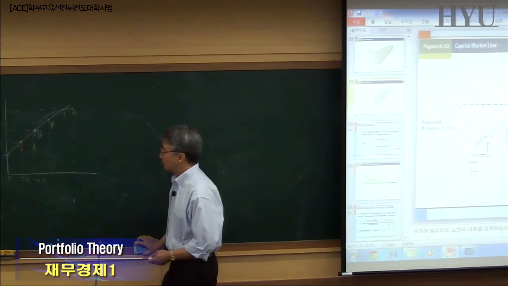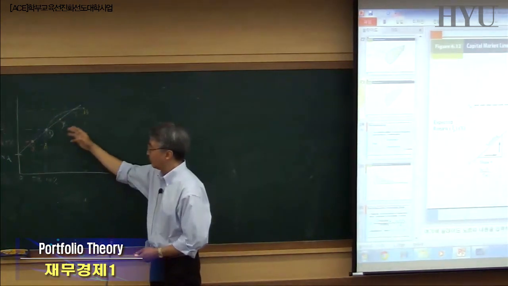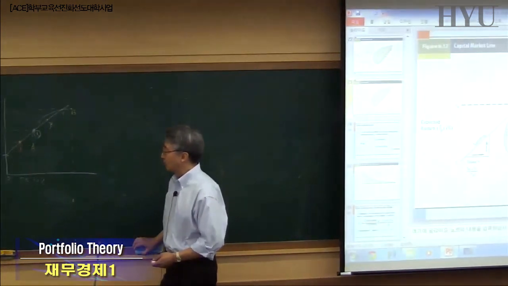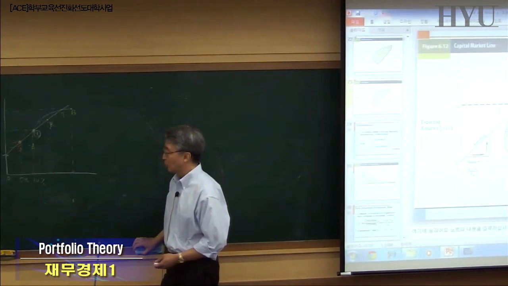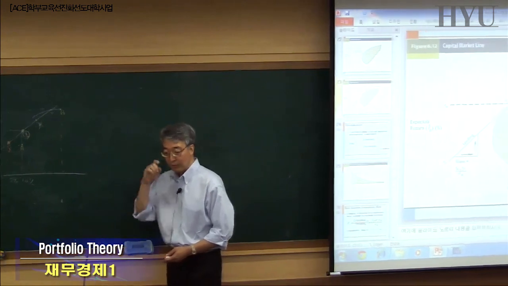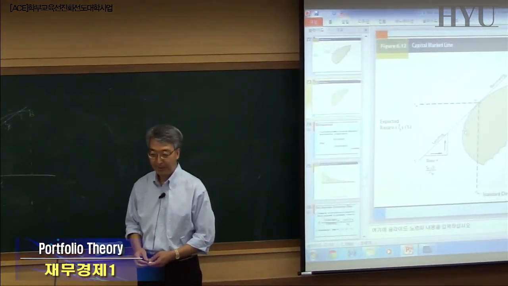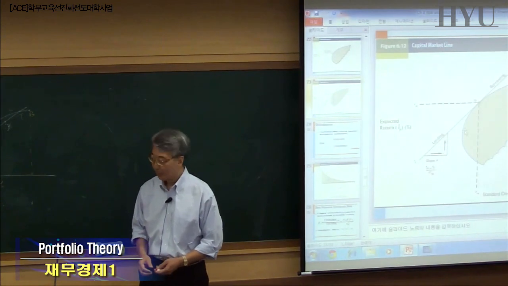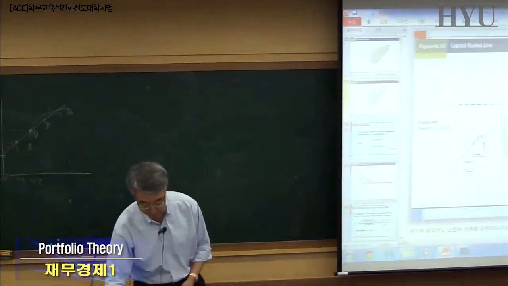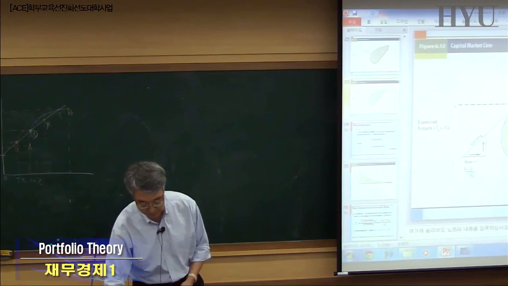So based on this graph, what looks like to be your best choice or optimal combination, optimal portfolio? Any idea? Here's a hint, right? Think about this slope, right?